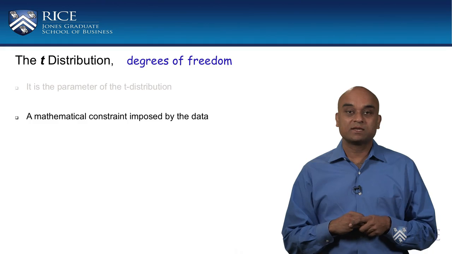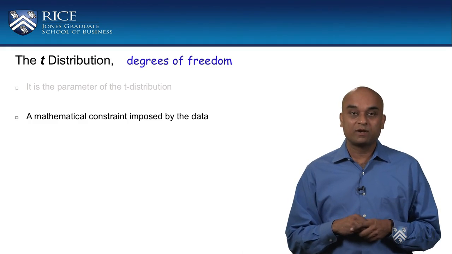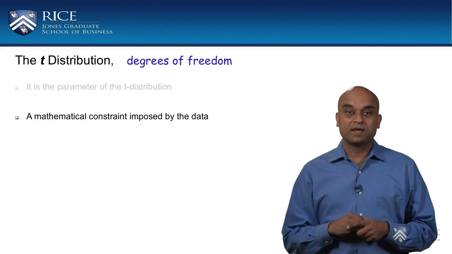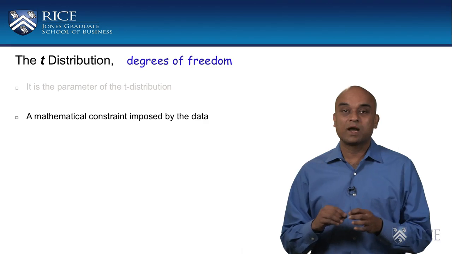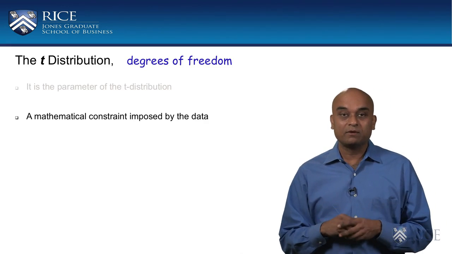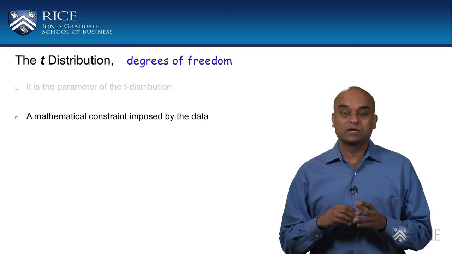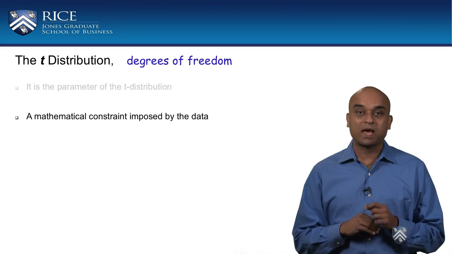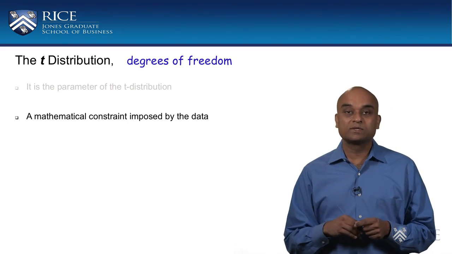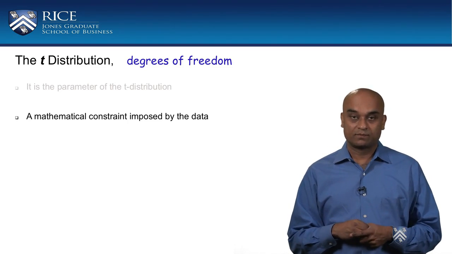Another way to understand the degrees of freedom is to think of it as a mathematical constraint imposed by the data based on what we are trying to estimate from the data. This notion will become apparent when we put to use the t distribution as an interim calculation in subsequent lessons to come up with confidence intervals and hypothesis testing.